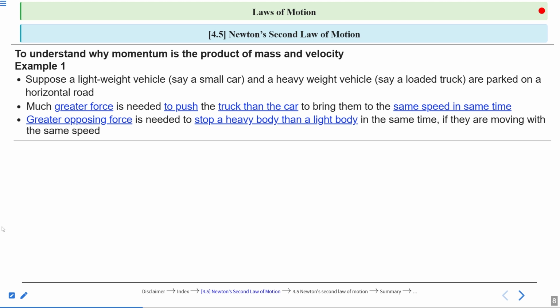If the mass of the object is larger, the force should be larger. So we need a greater opposing force to stop a heavy body than a lighter body in the same time if they are moving with the same speed.